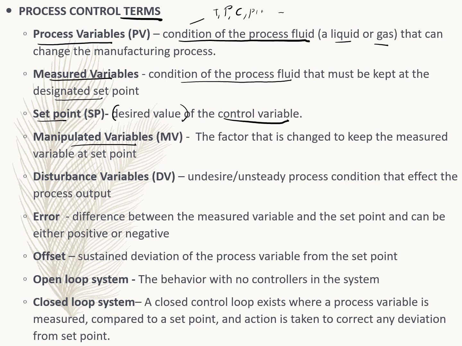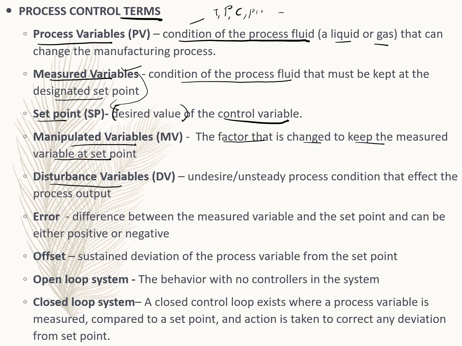Manipulated variable is the factor that is changed to keep the measured variable at the set point. So the purpose is to keep this measured variable at the desired set point.